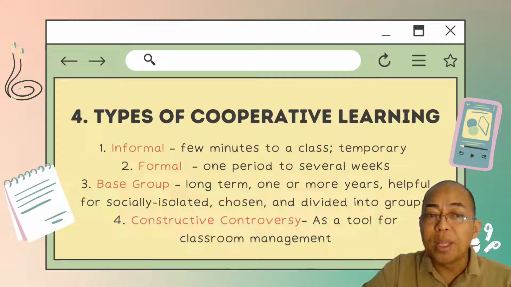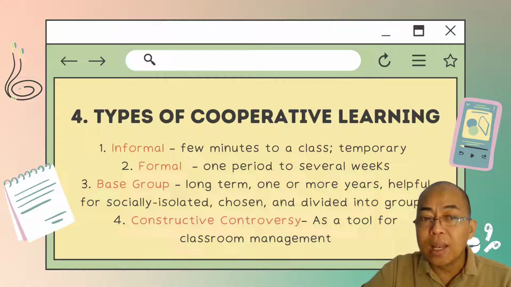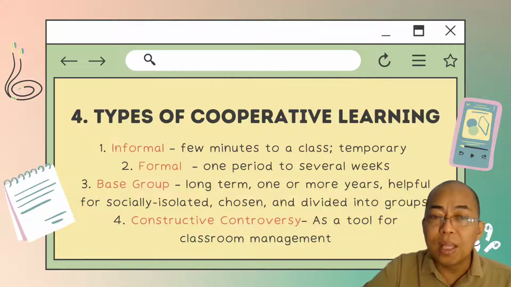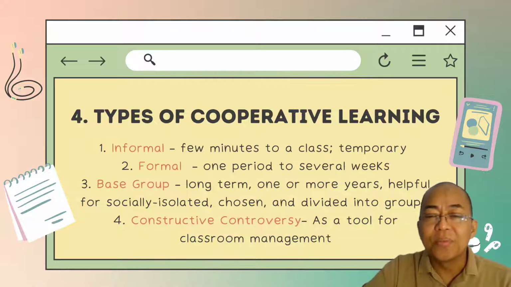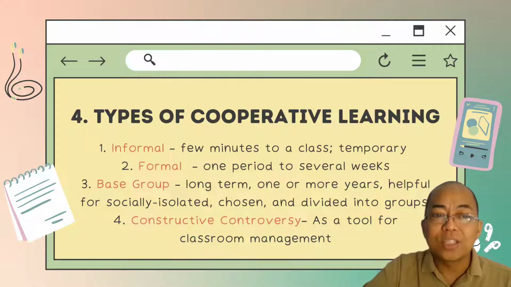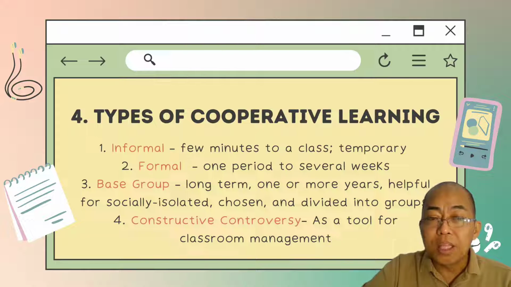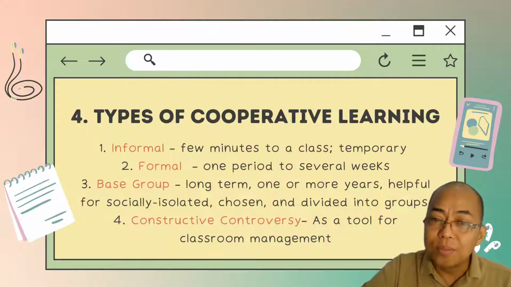In formal cooperative learning, it is also important for the teacher to specify the objectives for the lesson. Ideally, one academic objective and one social skill, which will be achieved at the end of the activity or session or lesson. Second, aside from specifying the objectives, the teacher makes a series of decisions about how to structure the learning group.